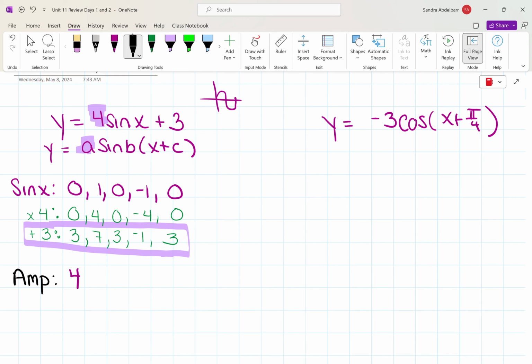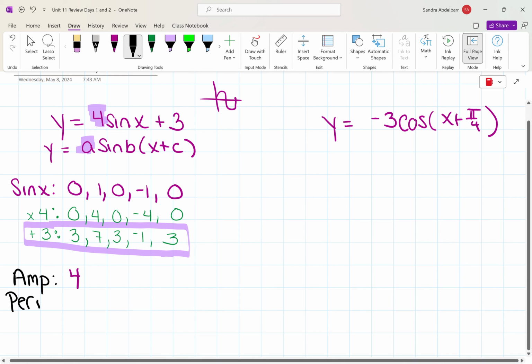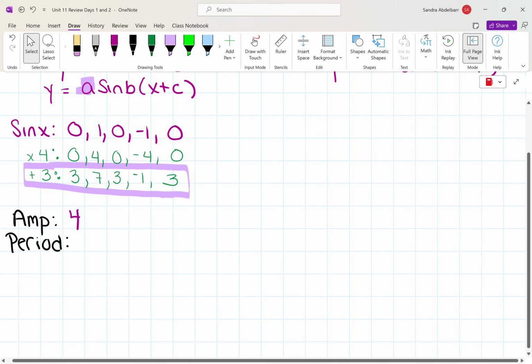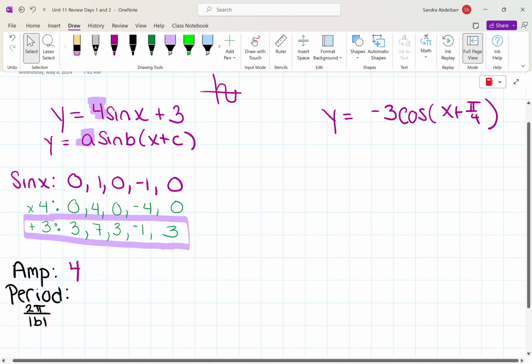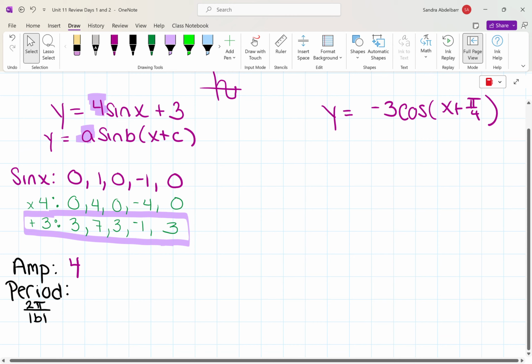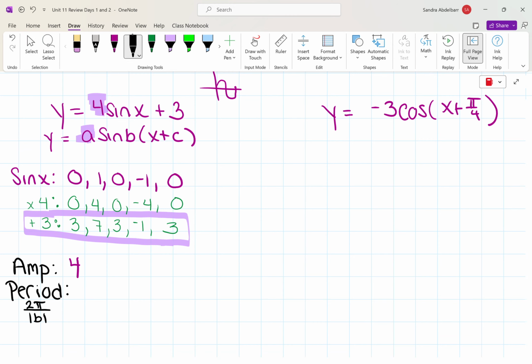All right, we're also going to find out our period. So the period, where it takes for one copy to happen, if you remember, is going to be 2 pi divided by the absolute value of b. So b is the number right after the sine, and that's just 1.